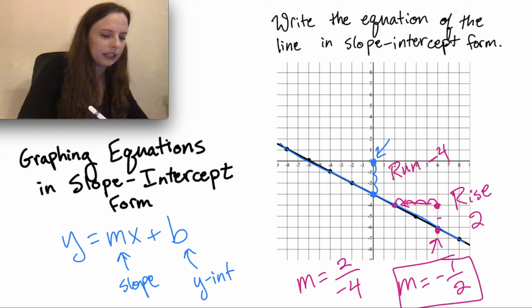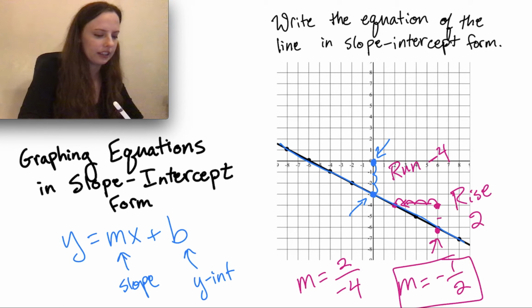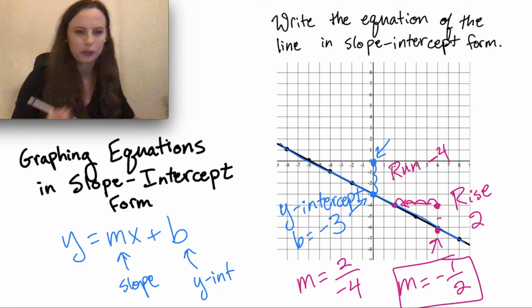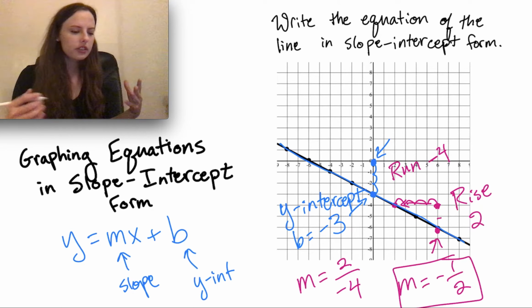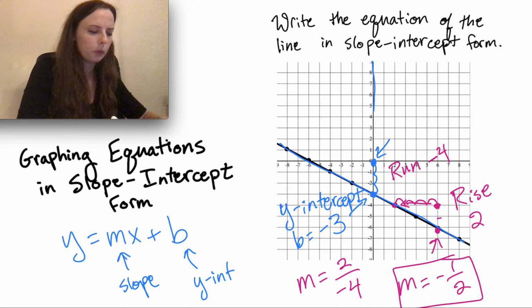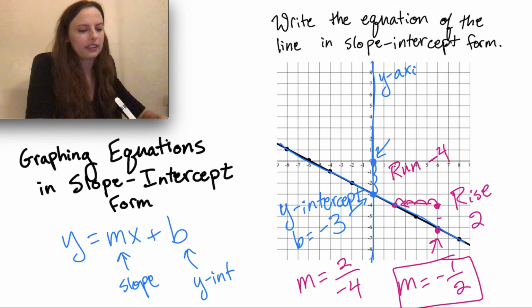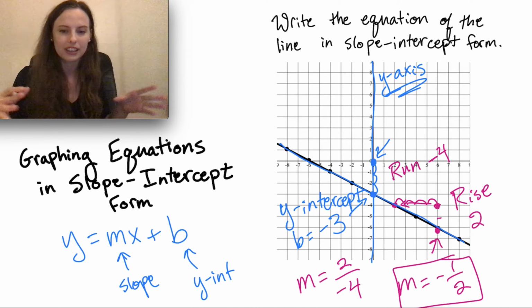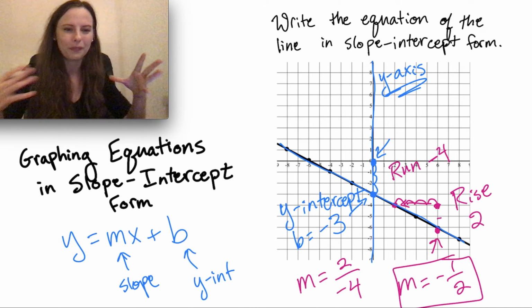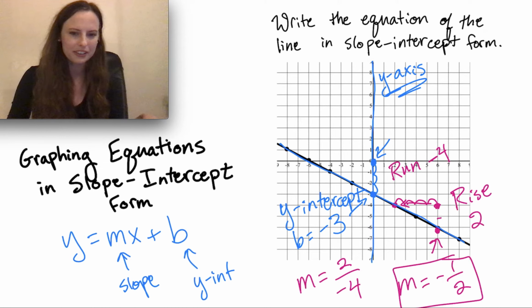So this would be our y-intercept. We would say that b equals negative 3. You can also think of this as the point where the y-axis intersects with that line. That's also definitely an important part of the definition of the y-intercept.